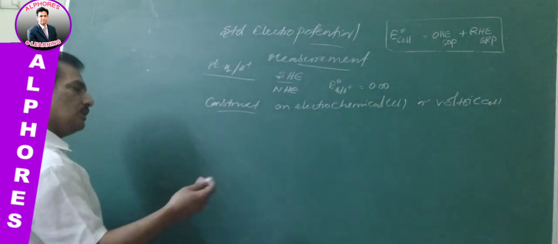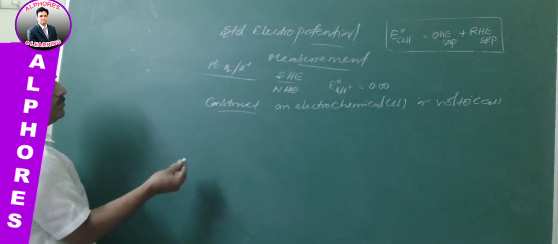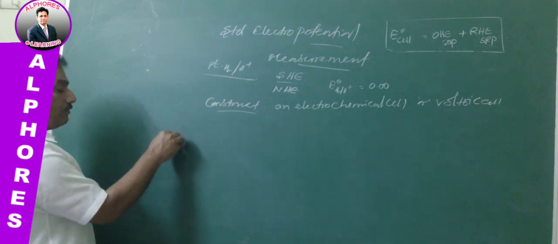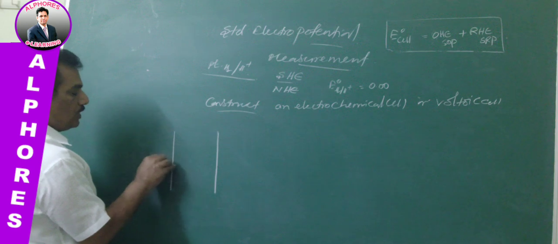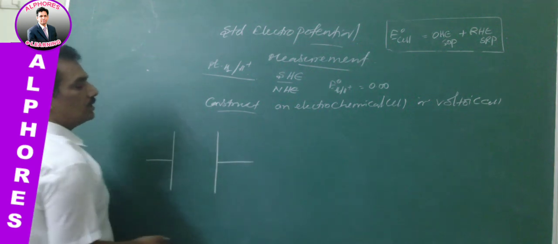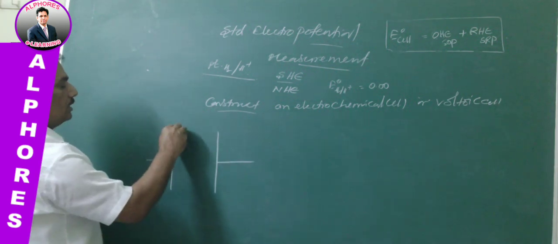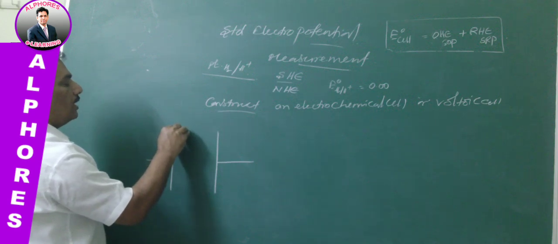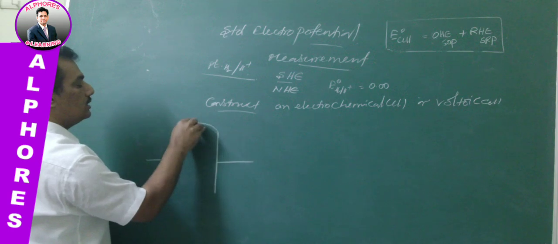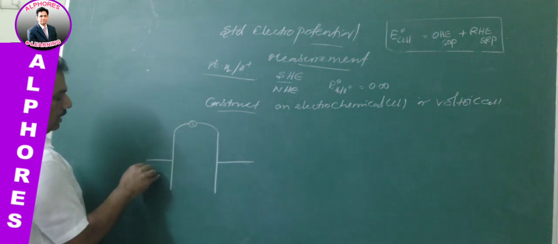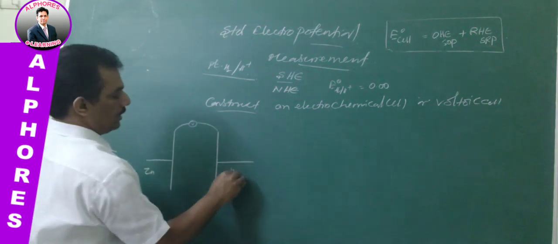And for that purpose, let us construct a simple voltaic cell with well familiar electrodes, which we frequently study in the construction of a Daniell cell, nothing but zinc and copper electrodes. Let us consider this is voltmeter and this is zinc and it is hydrogen.